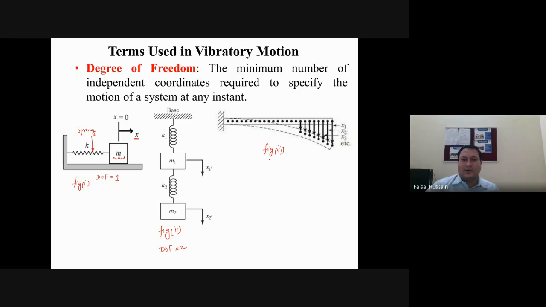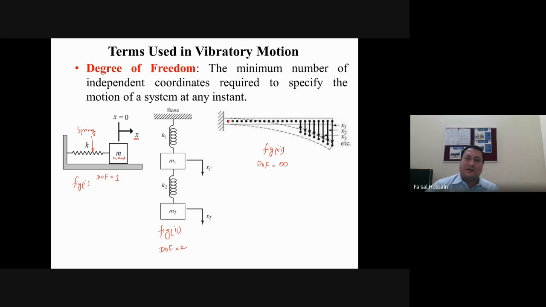And in figure number 3, a cantilever beam is shown, and in this cantilever beam, at a number of points, there are masses. Okay, so here the degree of freedom will be infinite because there are infinite masses shown in the figure.